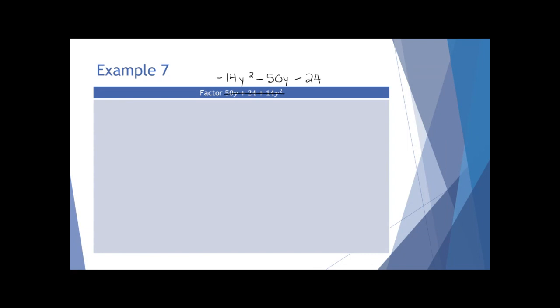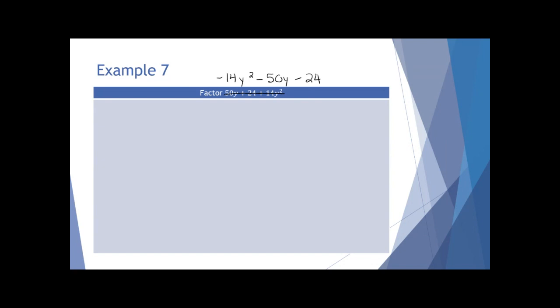So I need to factor out a negative here, and then I also need to find out what number goes into 14, 50, and 24. Now 14, the only things that really go into it are 1, 2, 7, and 14. 7 doesn't divide into 50 or 24, and 14 does not divide in those numbers. So I know that 2 is the largest number I can divide out here.